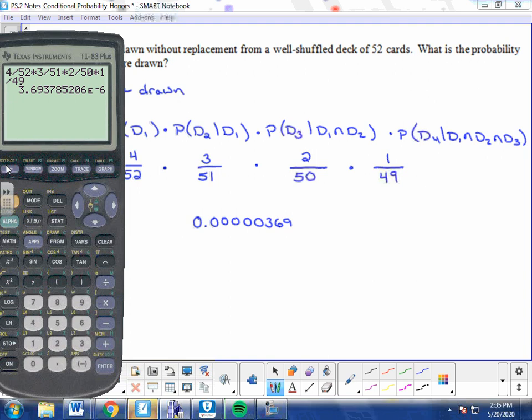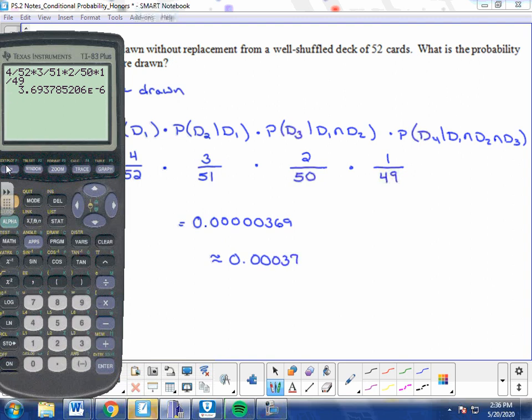So if I wanted to put that into a percentage, this would be the fraction turned into a decimal. If I wanted to put that into a percentage, I would move the decimal place over 2 more places to the right. So my percentage would be approximately 0.00037.